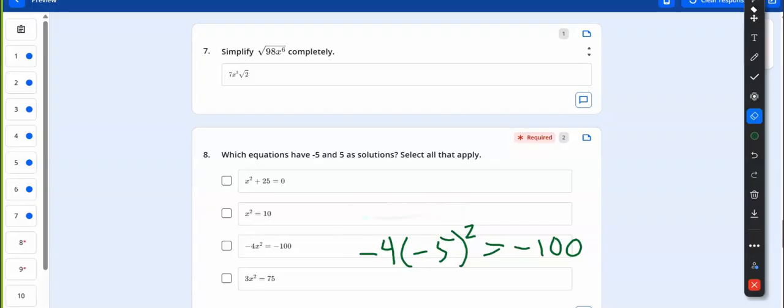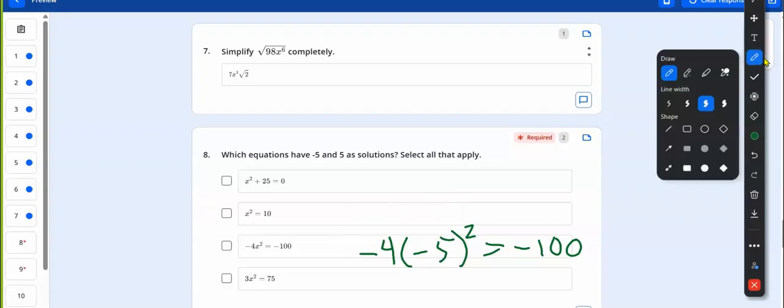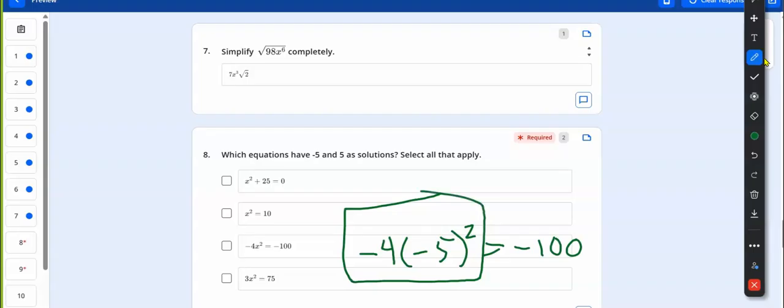So you're typing -4, parenthesis, -5, and a square on the outside of the parenthesis. Oh, yeah, it does equal -100. Okay. So switch it and change it to +5 and see if you get -100. Yeah. Okay, so we do have an answer to that one. Okay, what about the last one? Try the last one.